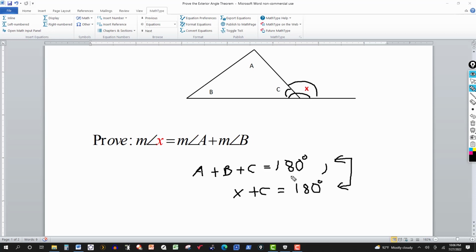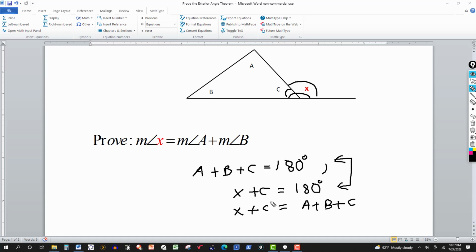So by substitution I can say then that, let me do it this way. Because those are equal to the same thing, X plus C has to equal A plus B plus C. Remember here we're talking about measures of the angles. And now it just becomes a basic equation to solve for X, because that's what we want to show.